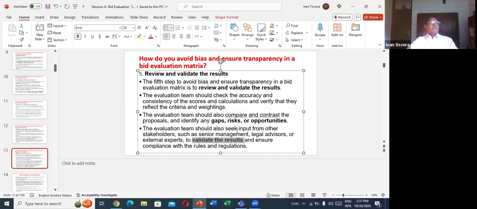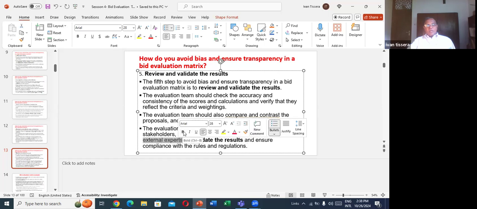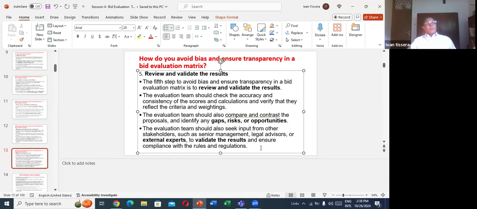You all know, even though the committee has given the recommendation, if the head of the department or the secretary of the line ministry is not satisfied, there are a number of actions they can take, right? Similarly, that is also there in our country. And legal advisors, we are not going, but sometimes external experts. External experts means we sometimes utilize experts and get their opinion regarding the selection.